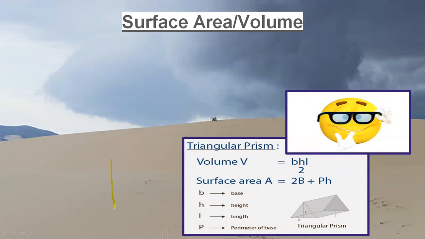If you know about your net, the steps could be different: you have to find out the area of every shape, and then add them, and it will give you the surface area. While if you are using a short trick, you can directly use that formula here.